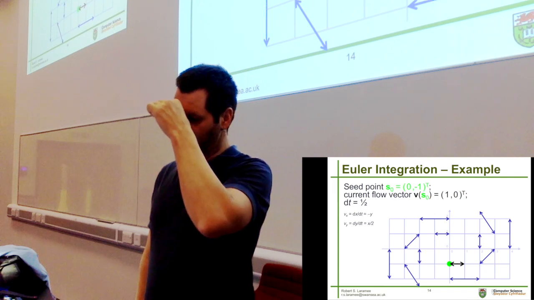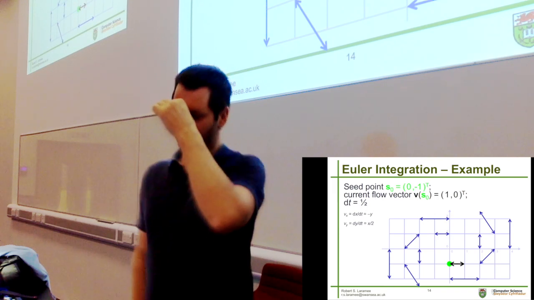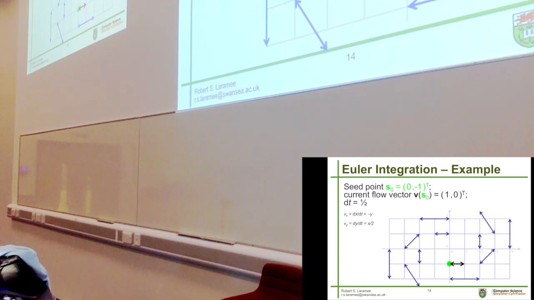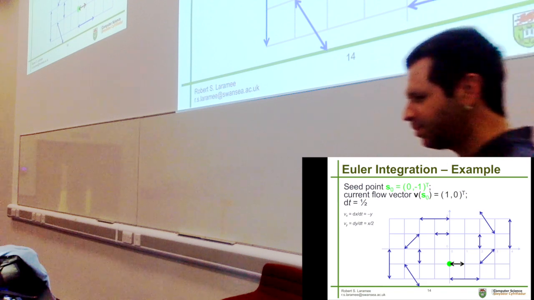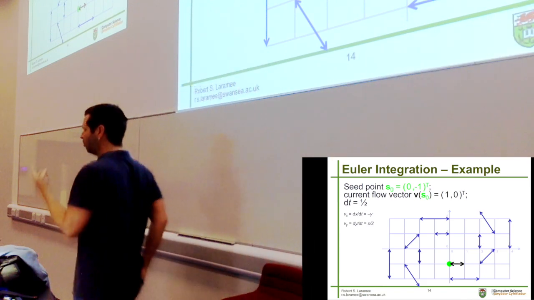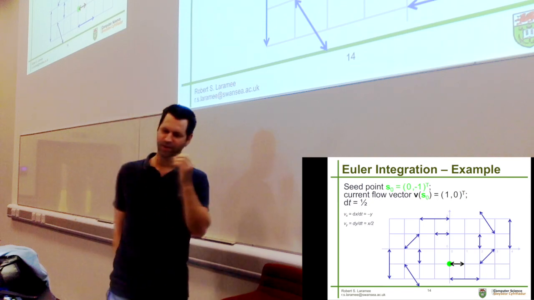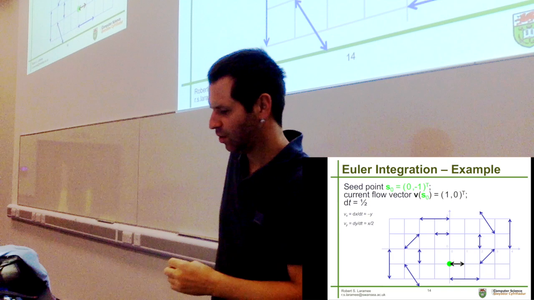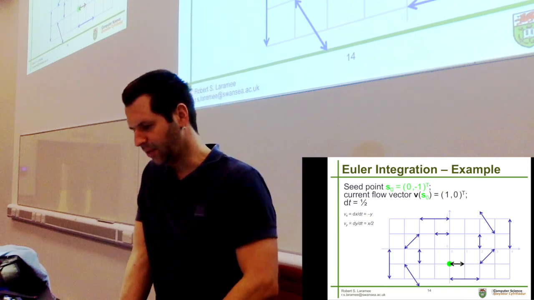Now, if we choose a seed point, every streamline has a seed point. That means a starting point. How do we compute the second point on the streamline if we are given a seed point or a starting point? And that's what we're going to look at right now.